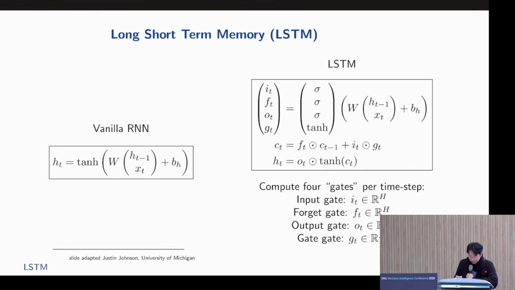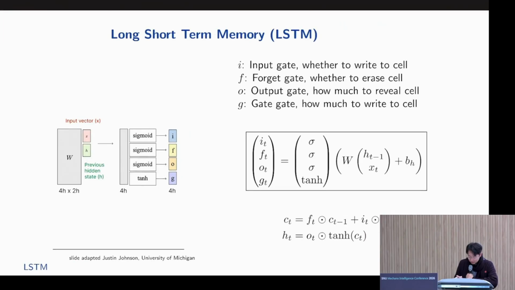So pictorially, it looks like this. Previously, we stack x and h and multiply this matrix W for the vanilla RNN case.